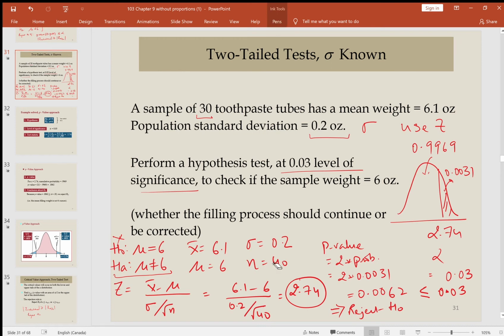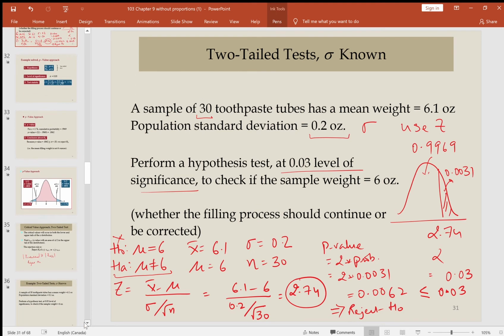So n is not equal to 40, n should be equal to 30, and so this should be 0.2 divided by square root of 30. But I guess you will get the value of 2.74, right? So apologize for that. Yeah, so n is 30 because the sample size is 30. Okay, so let's go down to the critical value approach question now.